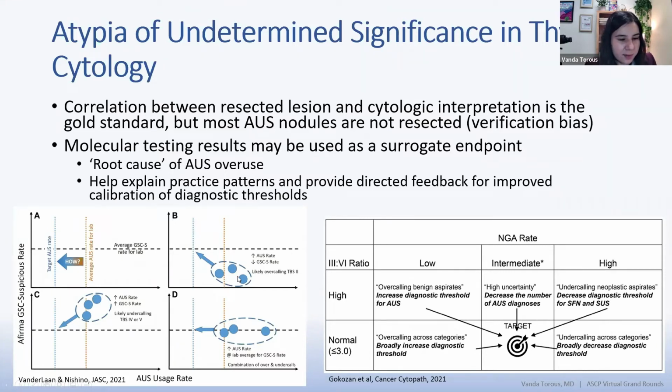You can see here from 2 different studies how they were able to use that to help explain practice patterns and provide directed feedback for improved calibration of diagnostic thresholds. They did this either by just relating the atypia rate to molecular findings, or by using an atypical to malignancy ratio, similar to an ASC-SIL ratio, with that molecular endpoint as well.